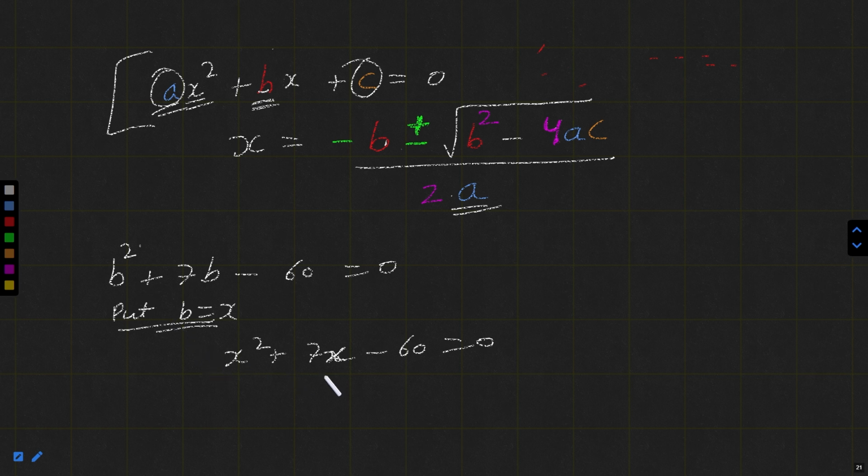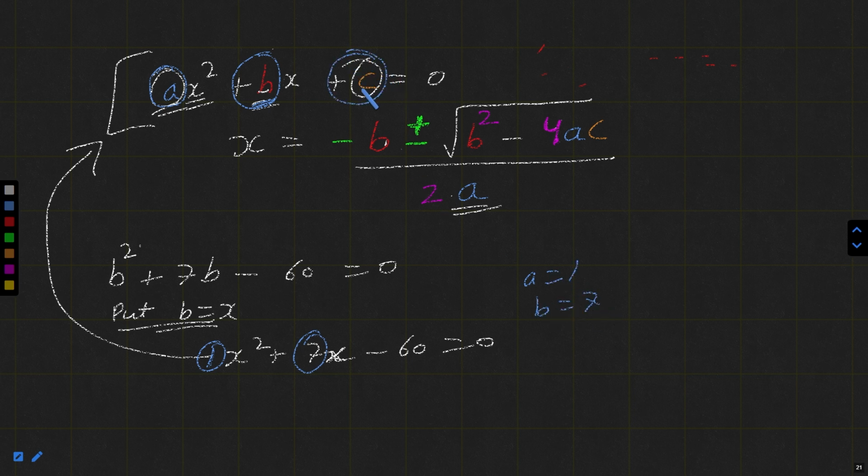So x square plus 7x minus 60. Now we can easily compare. a is the coefficient of x square, which here is 1. b is the coefficient of x, so b is 7, and c is just the constant term.